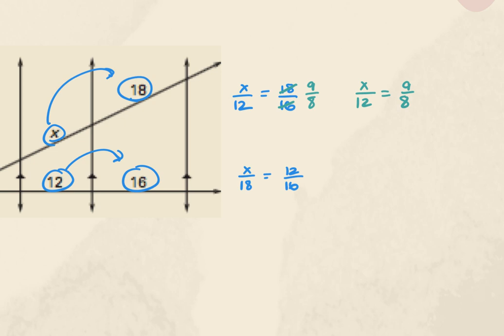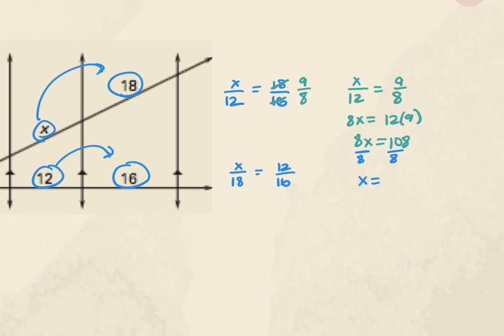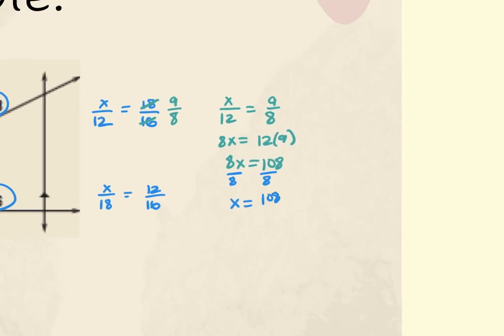Cross multiply from here. 8 times x equals 12 times 9. 8 times x would equal 108. And then divide both sides by 8. And x equals 108 over 8. I can reduce that. You can start with 2 goes into both of these.